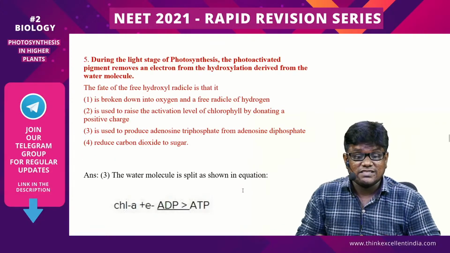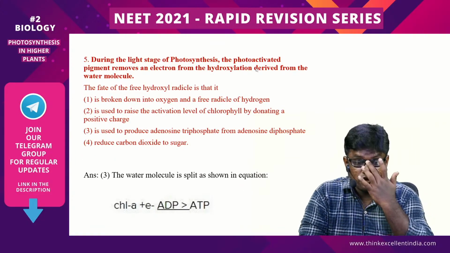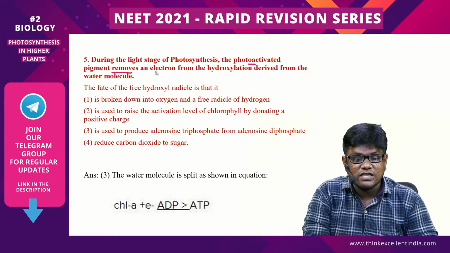During the light stage of photosynthesis, the photoactivated pigment removes an electron.